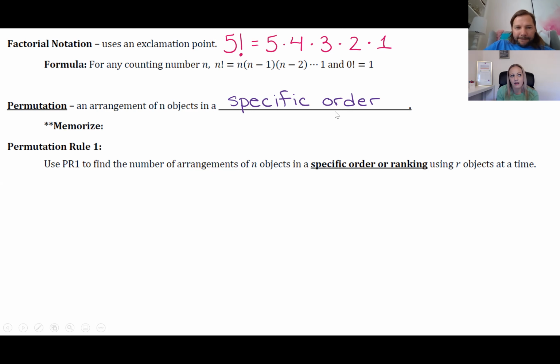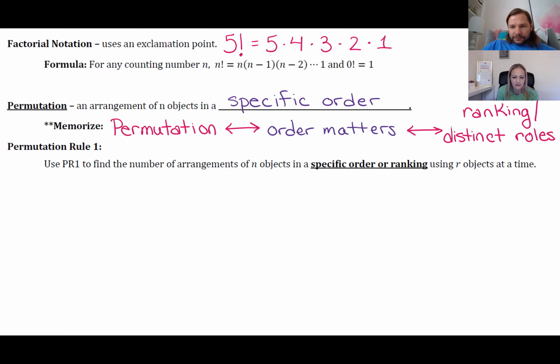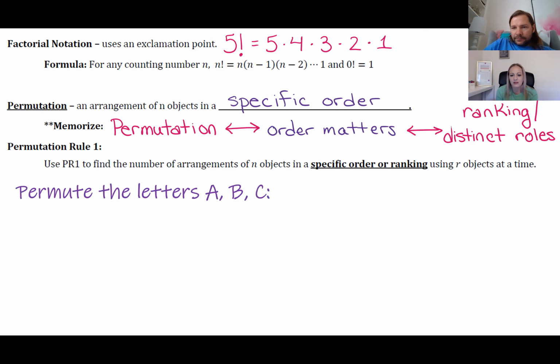This also goes with distinct roles, or some sort of ranking. In some questions, with the applications, it'll make sense to talk about order. In other applications, if you see any sort of distinct roles or a distinct ranking system, that also tells you that you're working with a permutation.